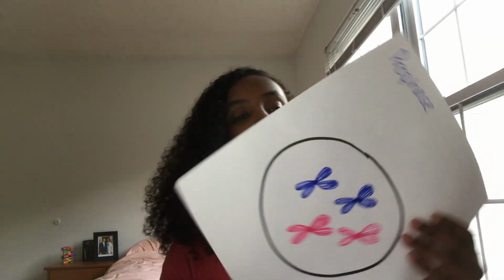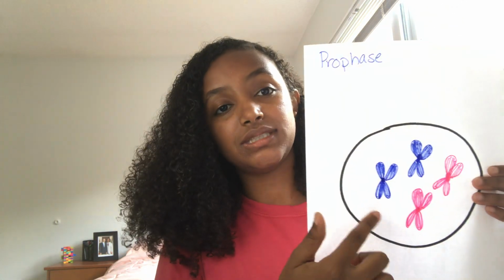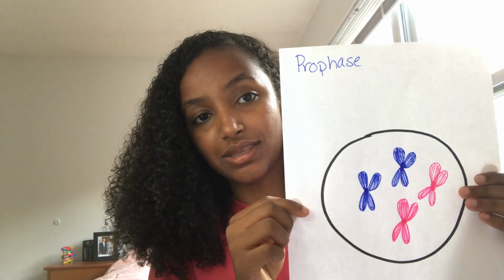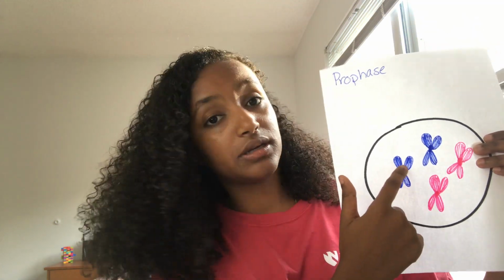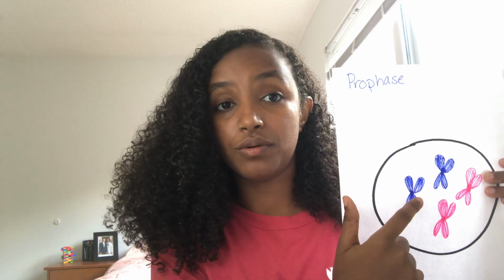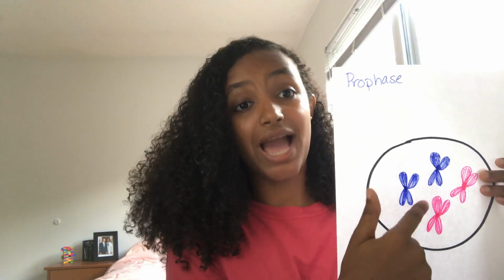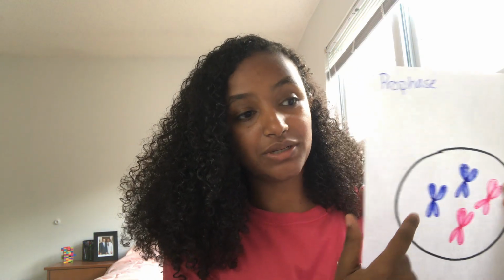So we have prophase, which occurs first, and we can see the chromosomes condensed and pictured like this. And after prophase, we have prometaphase, and during this, at the centromeres are kinetochores, and the microtubules will attach to the centromeres.